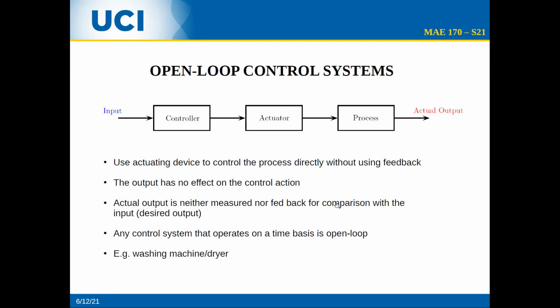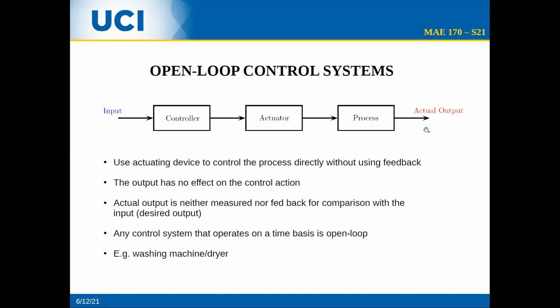The controller would just generate the control law, which will be passed to the actuator, and the actuator will actually modify the behavior of the process. But once again here, this can be done on an open loop or a closed loop control basis.